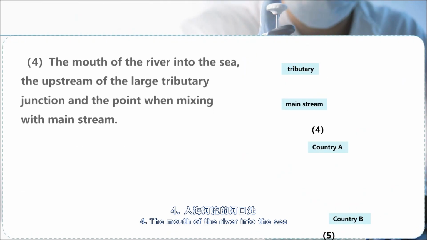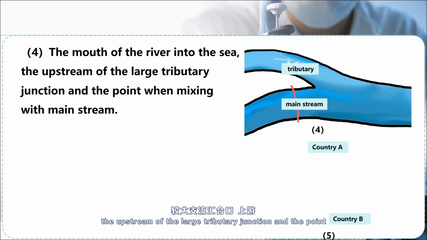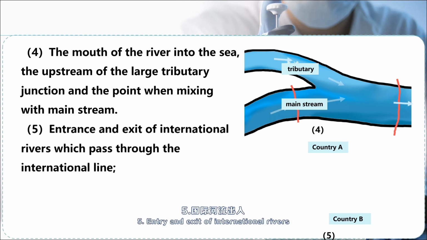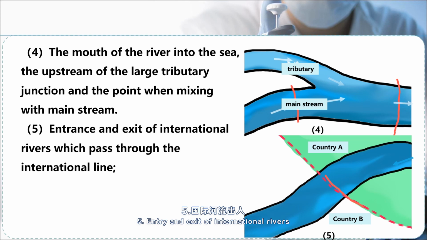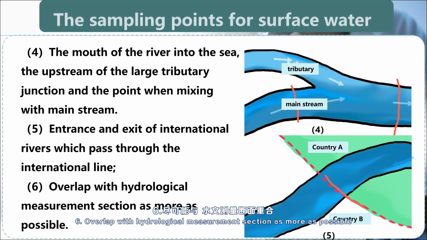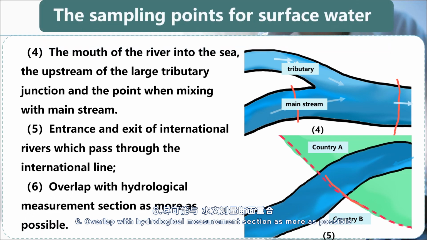The mouth of the river into the sea, the upstream of the large tributary junction and the point when mixing with mainstream. 5. Entry and exit of international rivers which pass through the international line. 6. Overlap with hydrological measurement section as much as possible.